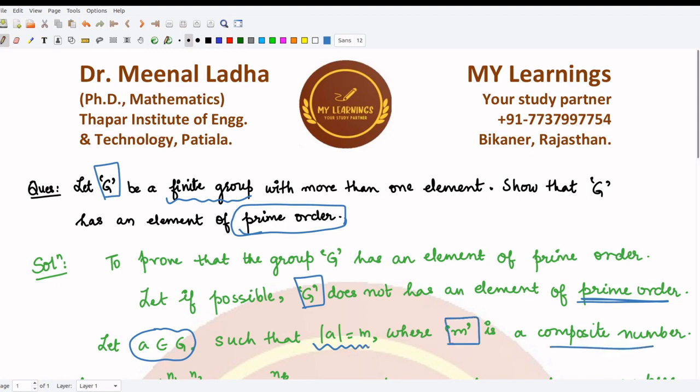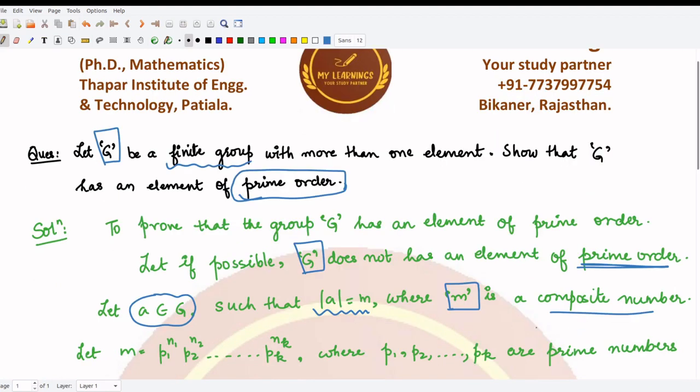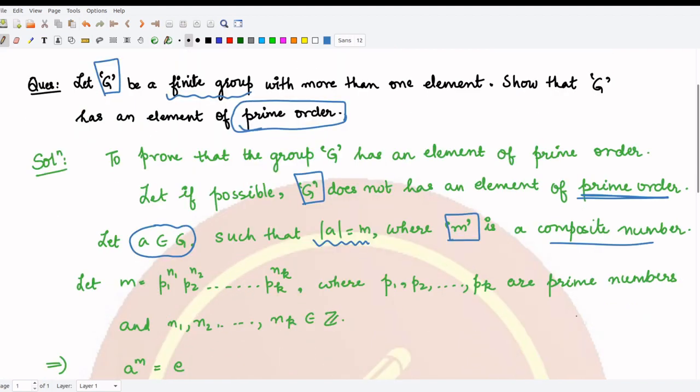Therefore you can write M as a product of powers of primes: P1, P2 up to Pk are the prime numbers, raised to powers n1, n2 up to nk, which are integers. That is the very basic result that we have used here.